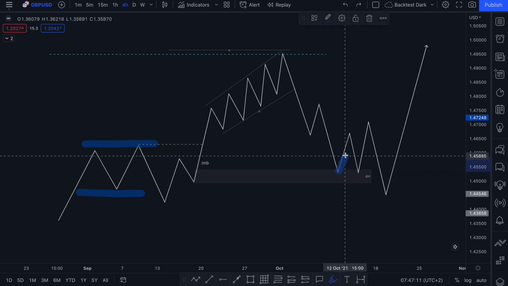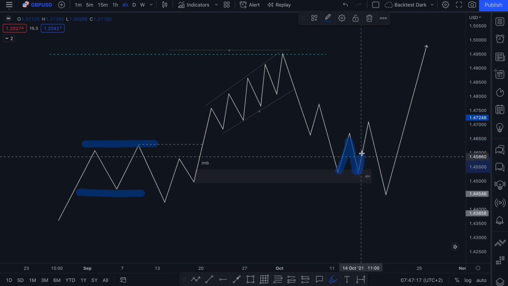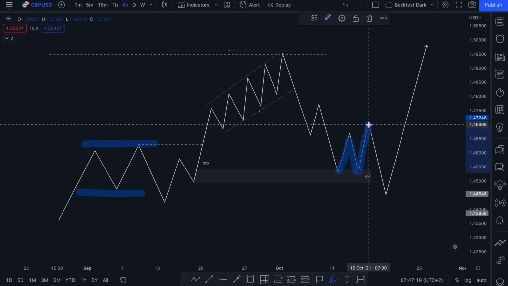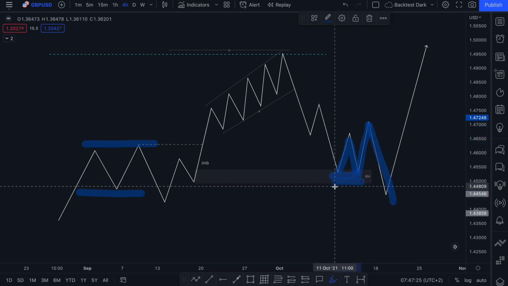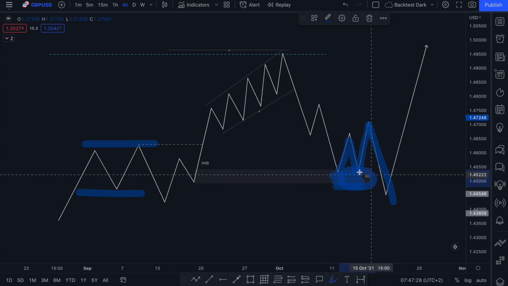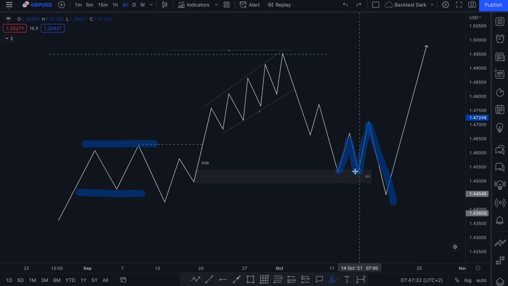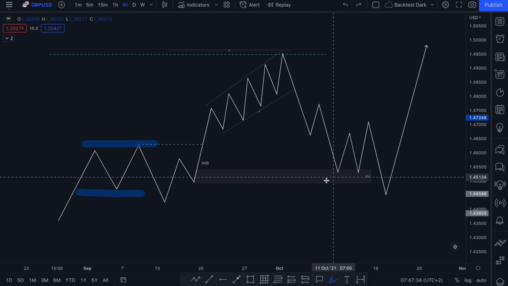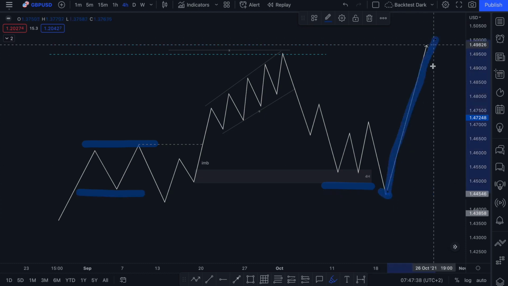But after a second mitigation or a double dip in this particular 4-hour zone, price action pushes up. It gives us the reaction to the upside, and then it drops. It takes out all of these smart money traders that were looking to trade this particular order block, or this particular demand zone. So it takes out all of these guys, right? It essentially sweeps this particular level, and then it pushes higher.